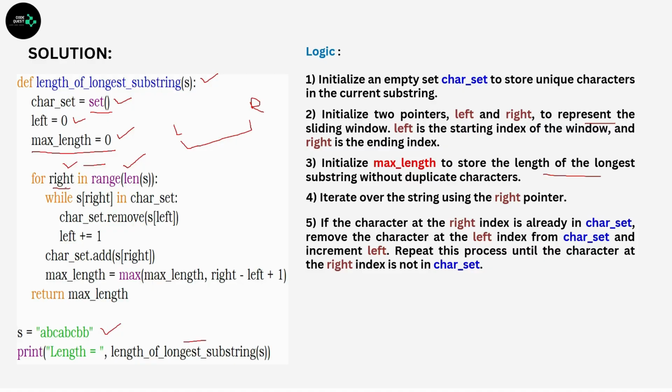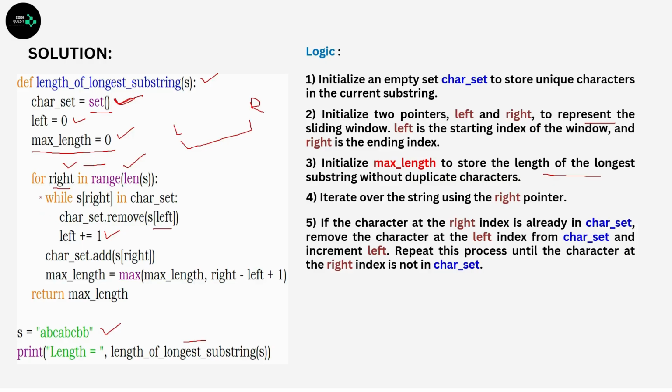Now, whenever I am checking the character at index right, say for example we start with right at 0, so S of 0, that is A, if it is already there in the set, then we will remove the existing character at index left, where left is 0. So S of left, whichever character we have, will be removed from the set, and immediately we increase the value of left.